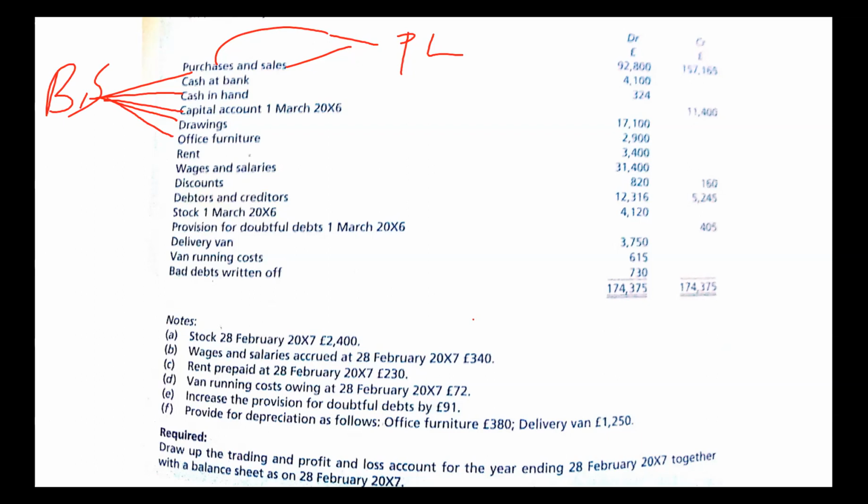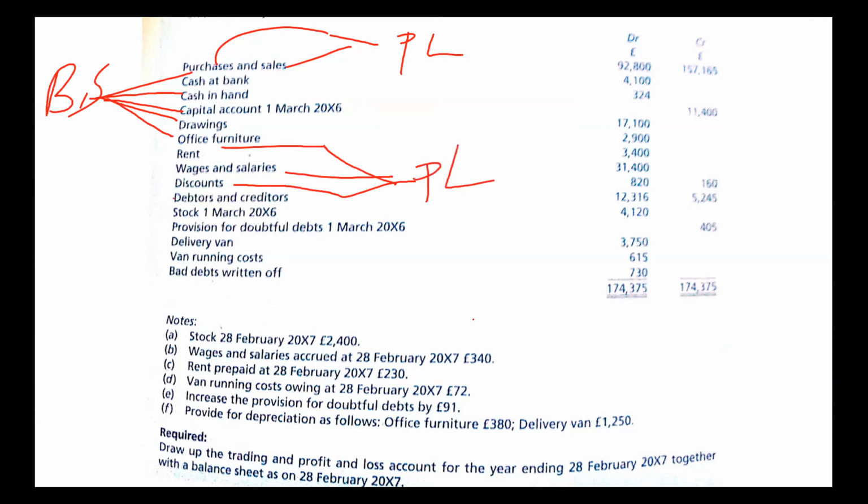Then we come to the expenses, which are the rent and salaries. You have got two discounts, the discount allowed and the discount received. All these go in the profit and loss account.